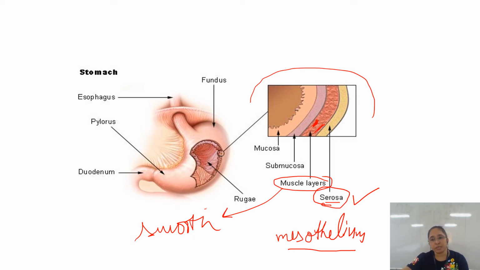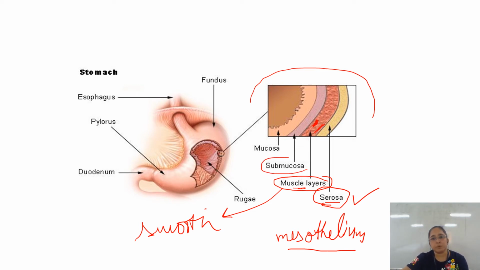This muscularis externa is responsible for segmental contraction and peristaltic movement in the gastrointestinal tract. This is the function of the muscularis layer.